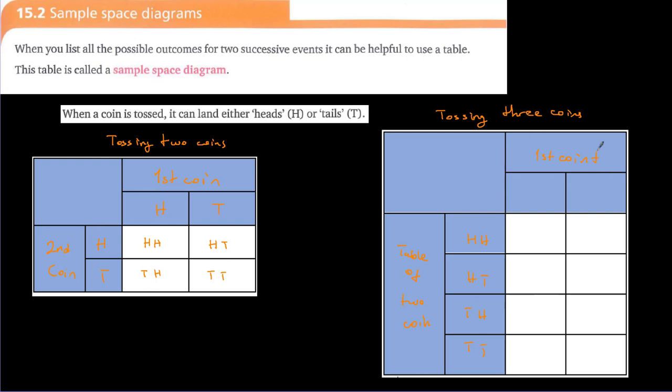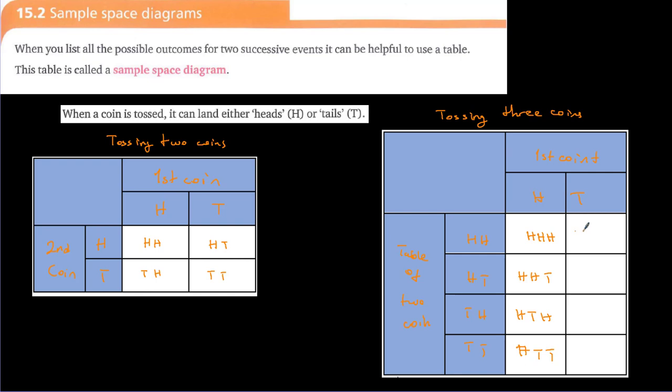Now I'm going to add a third coin to this one. So when you toss three coins, the first coin will be head, second coin head, third coin head. So the results: head head head, head head tail, head tail head, head tail tail.